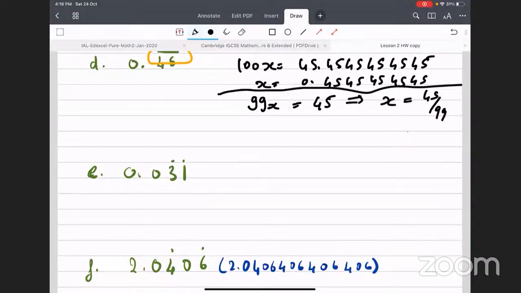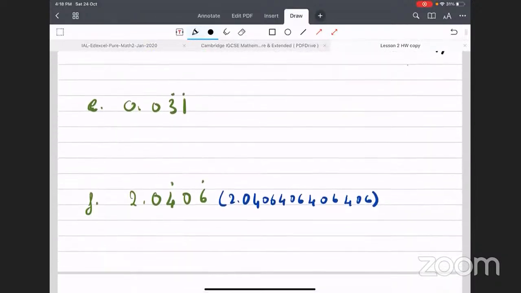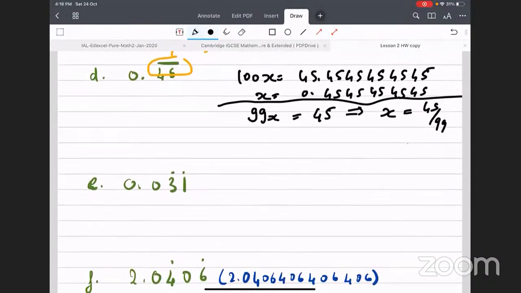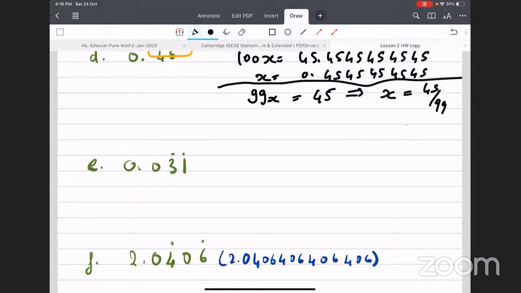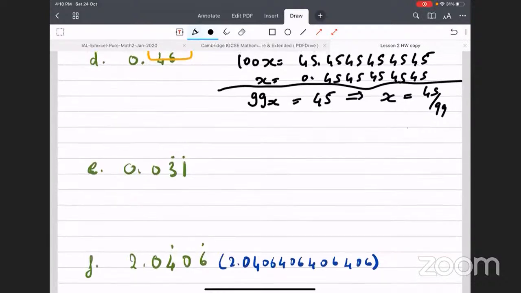So I'll skip number E. It's similar. It's okay. No, I'll do number E. So number E, we need to multiply it by how much? Let's multiply it by 1, 2, 3, 4. I think 4.